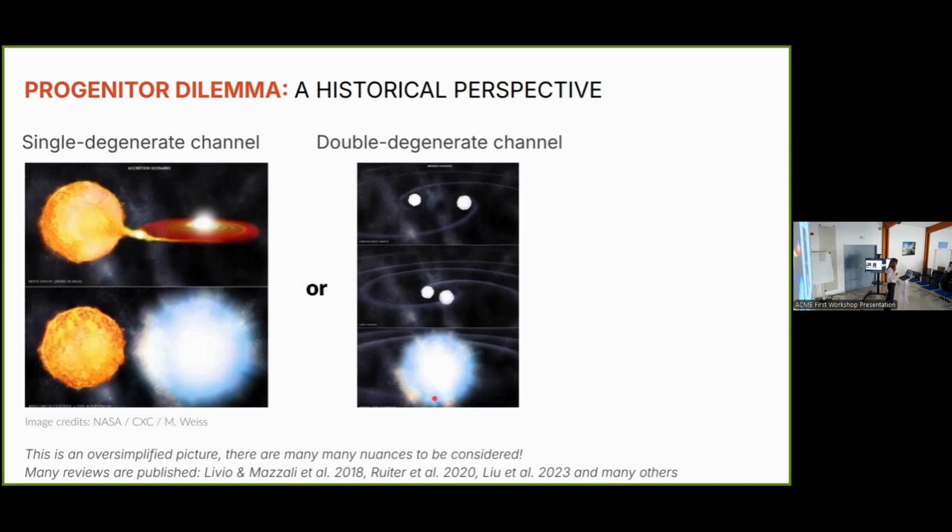So this is a historical perspective. Right now, the picture is much more complicated, but it's useful for me to divide it this way because we can probe this double degenerate channel with LISA. Because we see all of those binaries made of two white dwarfs everywhere in our galaxy in a complete way, we can really test it with LISA observations.